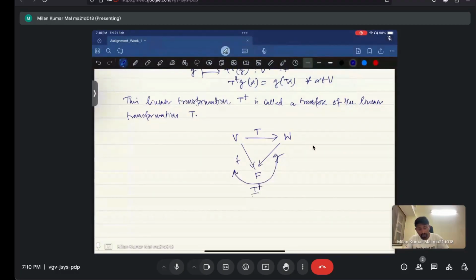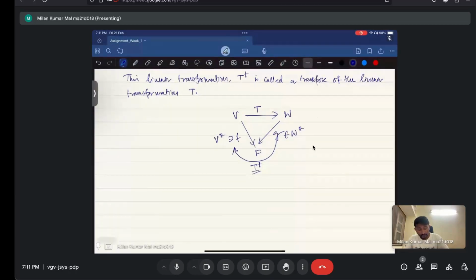This T transpose maps from W star, which belongs here, to V star. So basically this diagram commutes.